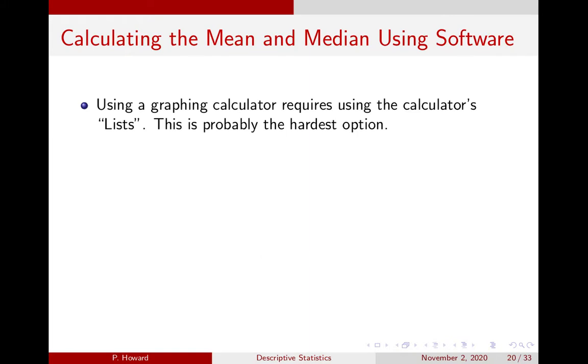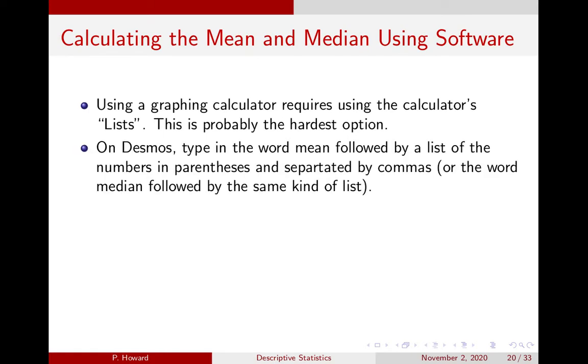Okay, if you are using a graphing calculator like a TI-84 to calculate these numbers, you need to use the calculator's lists features. This is probably the hardest option, so I'm not going to describe this any further. I recommend using either Desmos or the Calculator Soup calculator.